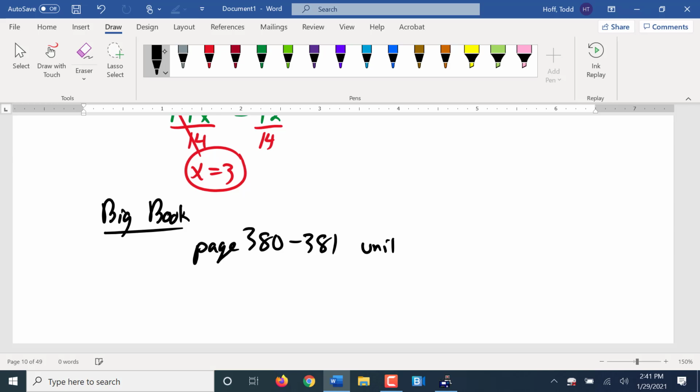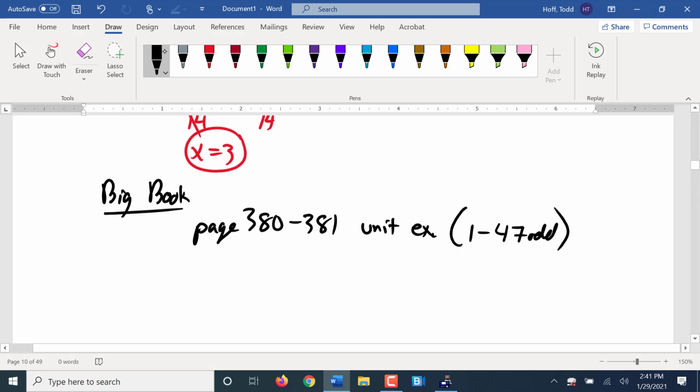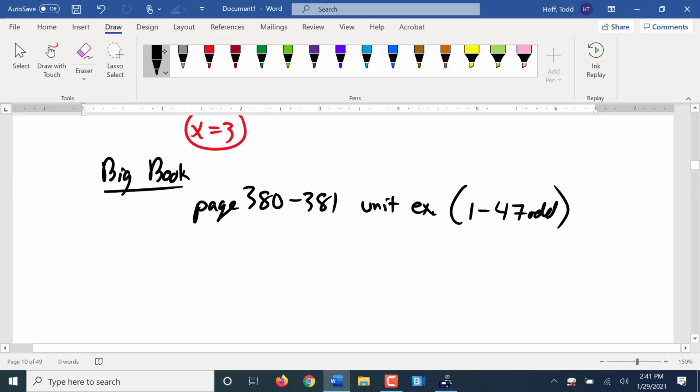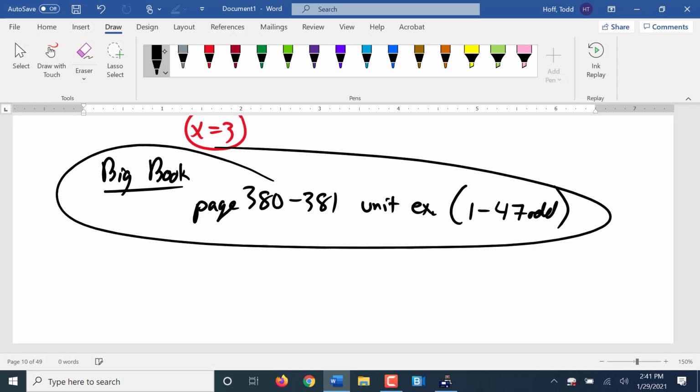Unit exercises 1 through 47, the odd. Then my other page numbers here, I believe. Yeah, we'll call that good enough for now. If you give me 4 minutes, you guys don't have your books with us, do you?